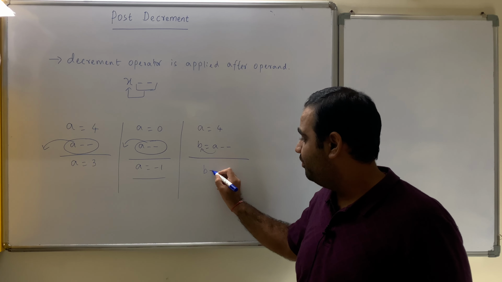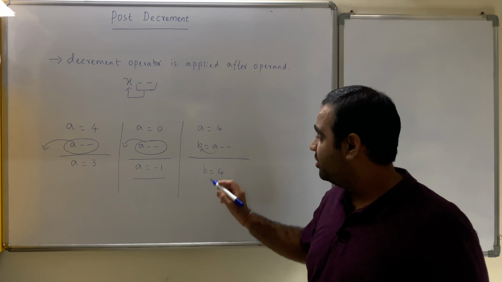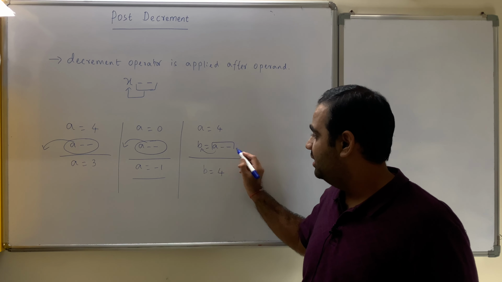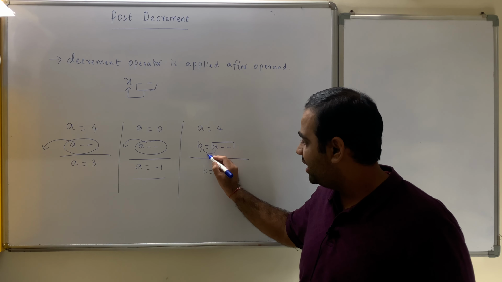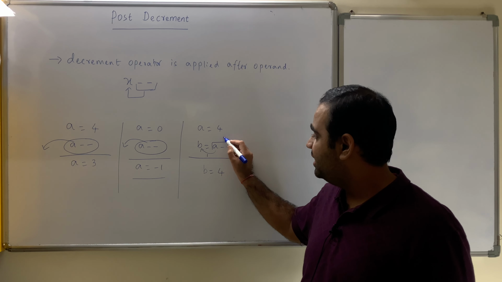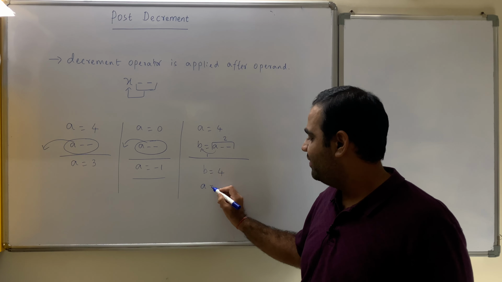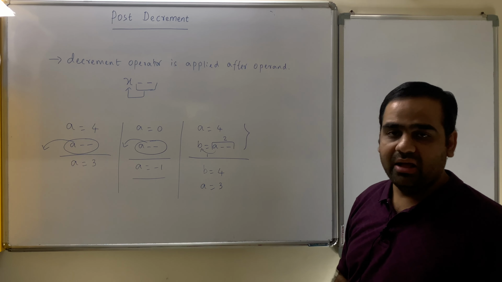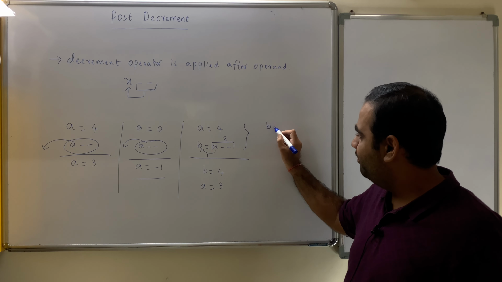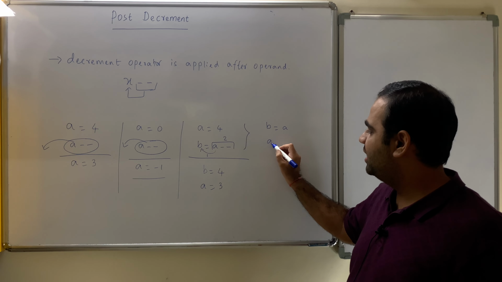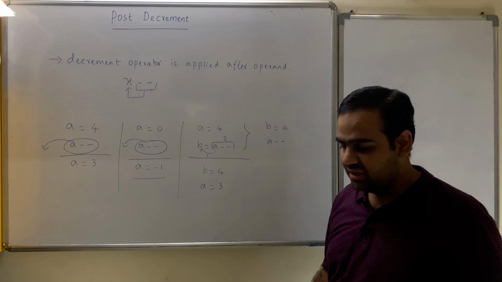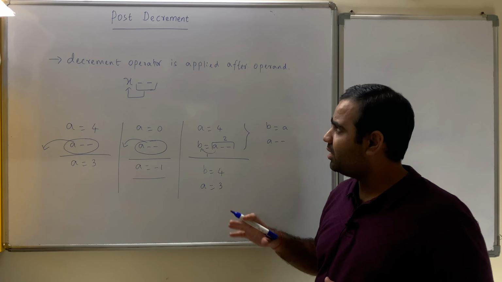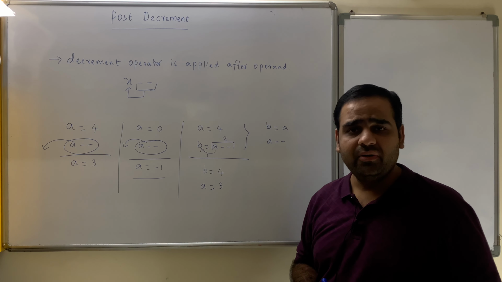Therefore, the value of b will become 4 and it says decrement later on. Therefore, assignment will take place first and then it will decrement. Therefore, the value of a would become 3. Now, this is the same as assign the value of a to b, then decrement the value of a. This is how the post-decrement works.